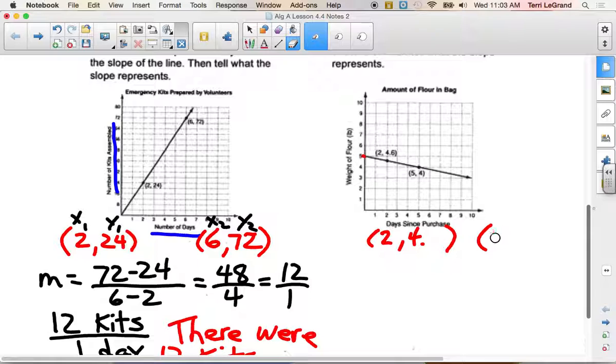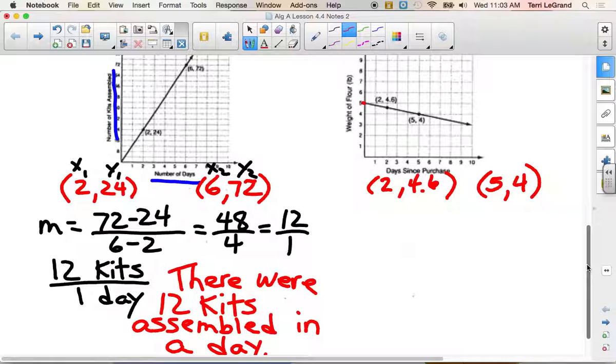And what's the next one? 5 and 4. Okay, so we're going to let this one be our x sub 1, y sub 1, and this will be our x sub 2, y sub 2. Go ahead and find the slope of this line.